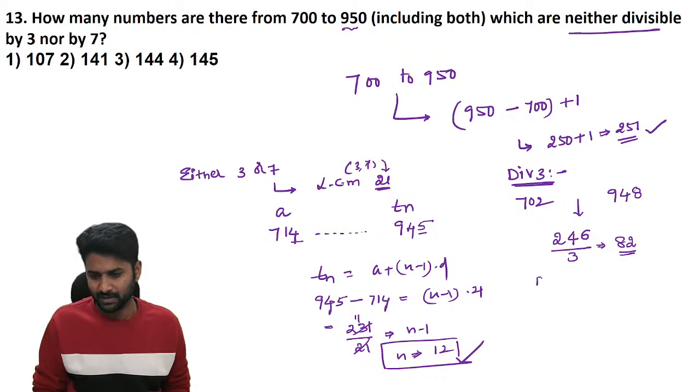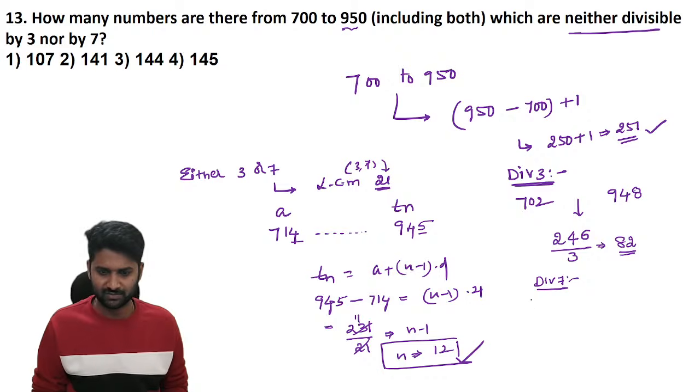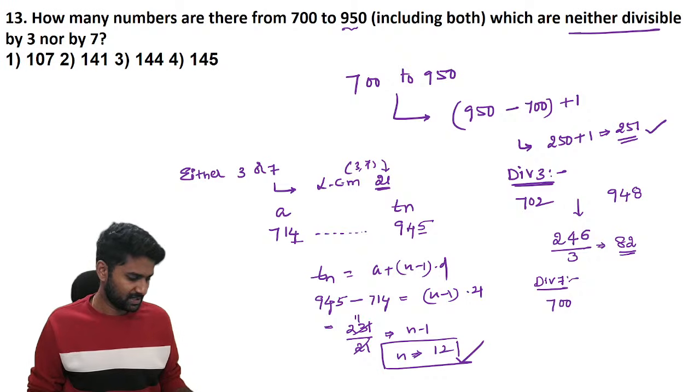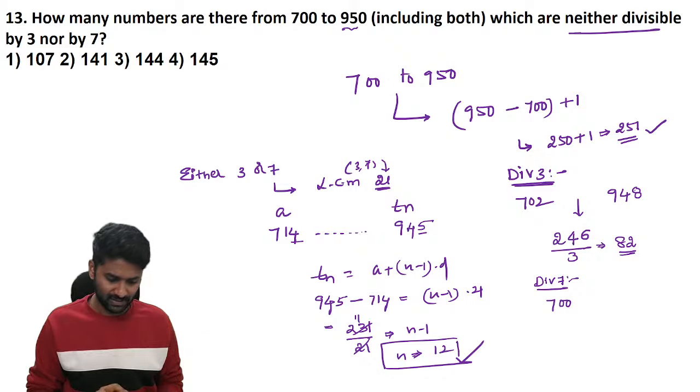So we have 82 divisible by 3. Now divisible by 7: 700 is exactly divisible by 7, right? So the first number is 700 and the last number is how much? 950 is not, so we check 945. It's not an either-or case.